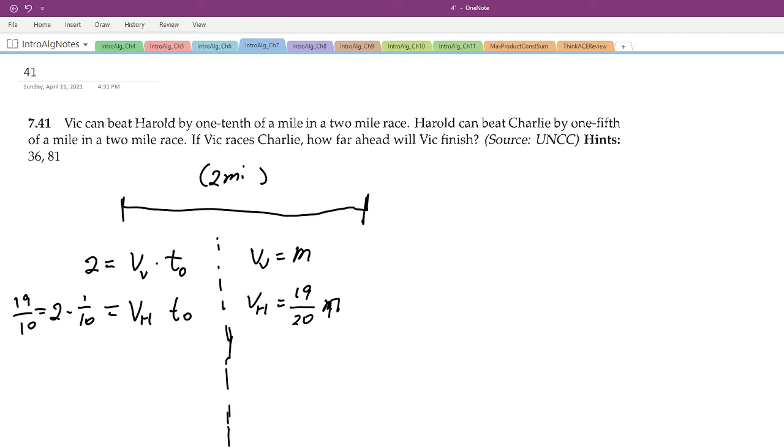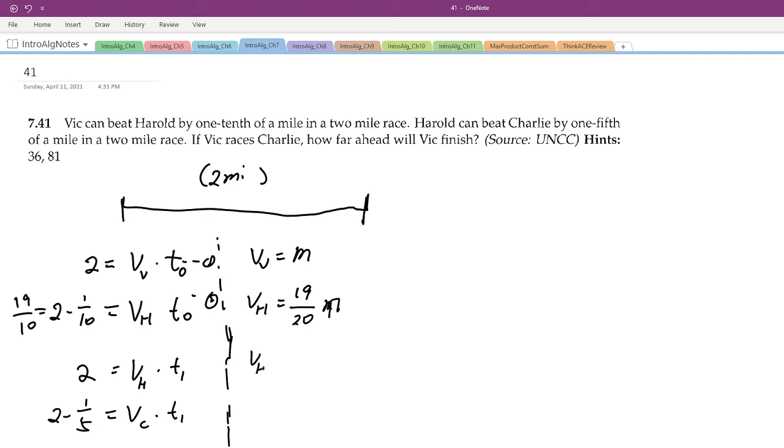Now let's set up another equation, the one where Harold can beat Charlie, right? The Harold speed times T1. When Harold finished the 2 miles, Charlie can only finish 2 minus 1/5, right?